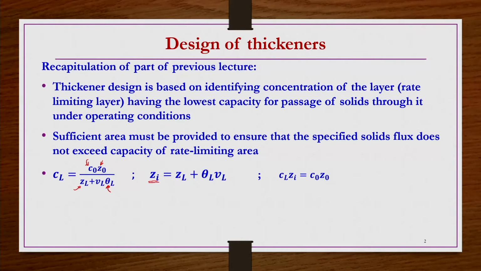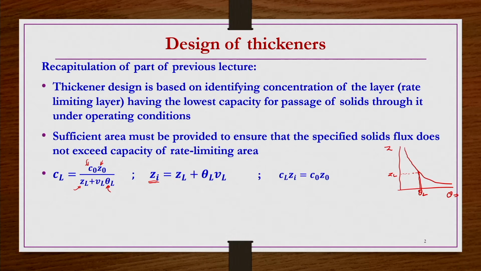And then this ZI is the intercept, it is not the interface height. So, we have a sedimentation curve like this: if you plot the interface height Z versus theta, you get a curve like this. The interface height gradually decreases as particles settle down with respect to the time of the sedimentation process. If this is time theta L, then the interface height at theta L is ZL.